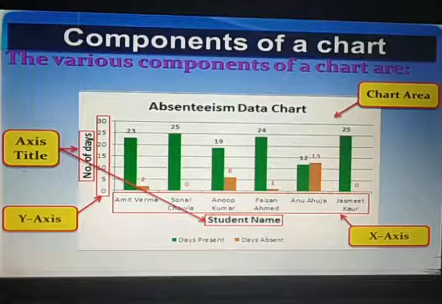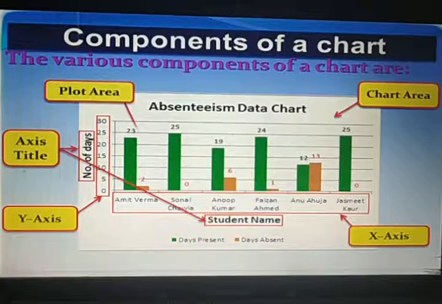Axis title is the label or title on an axis, X-axis or Y-axis. As shown here, number of days present and student name. The plot area is the area on which values are plotted.